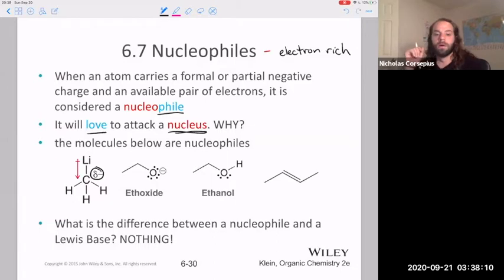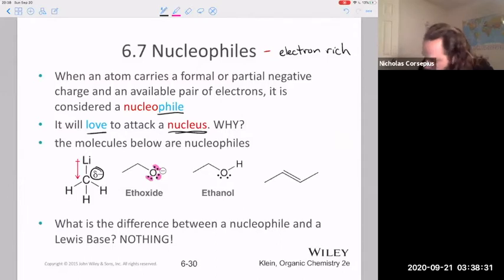We're not going to cover organometallic compounds this semester. More common nucleophiles that we're going to see are more obvious electron-rich species. So for example, an ethoxide ion, something with a negative charge on it, right? That negative charge would really like to find itself a positive charge.